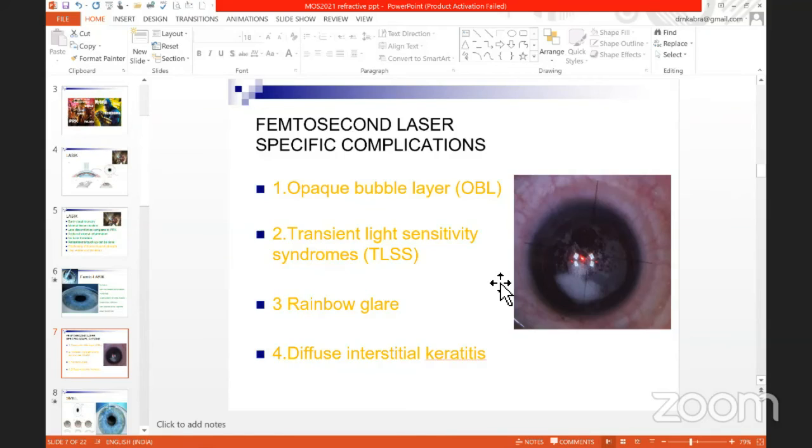At times, there can be entry of gas bubble intracamerally. In that case, iris tracking might be an issue. We might have to wait a little longer. The rest of the complications which are being mentioned, the prevalence is really going down with the energy usage, which is going down with the newer machines.